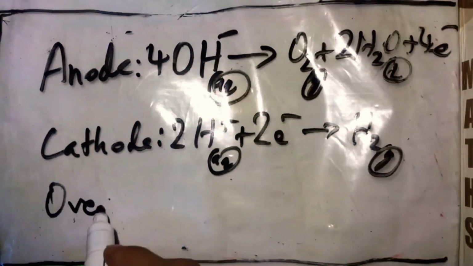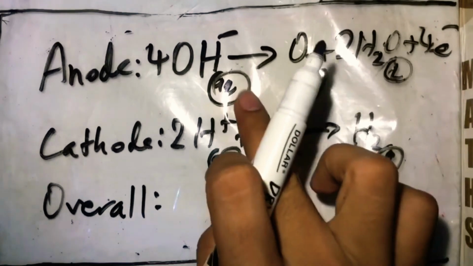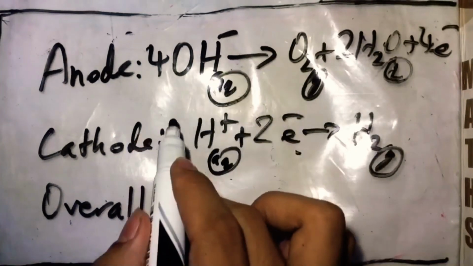For the overall equation, we'll have to have 4 electrons to balance it, so multiply this with 2, 2s are 4.